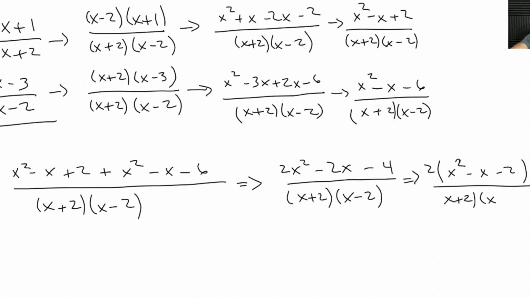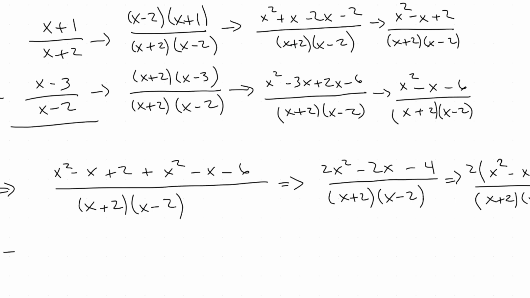Now, the question is, can this polynomial be factored? What times what is negative 2 that add or subtract to give you negative 1? So minus 2 and plus 1. So you get 2 times x minus 2 times x plus 1.